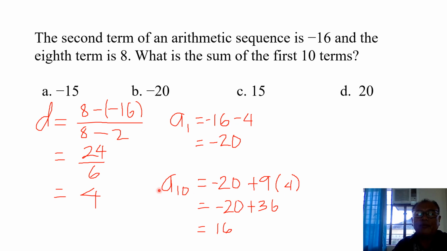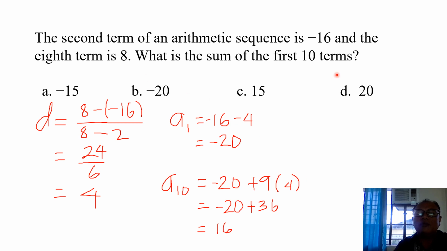Using the formula to find the 10th term, we have the first term, negative 20, plus n minus 1, that's why we have 9 here, and the common difference is 4. So that is 9 times 4, equivalent to 36. Adding this, the answer is 16.